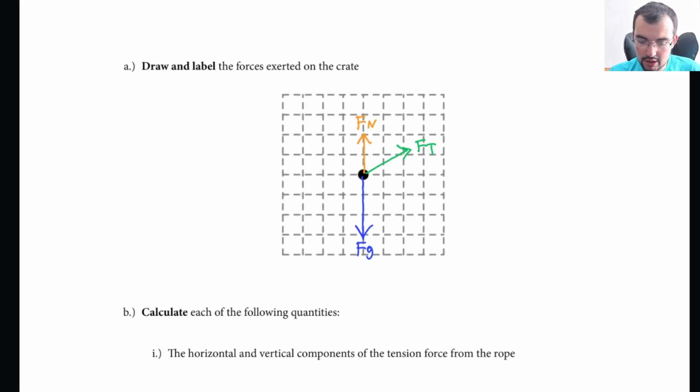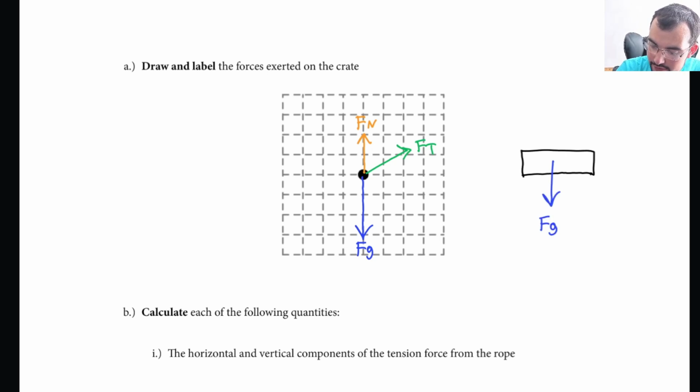But of course, we also like the component body for these types of problems. So our component picture looks like this, where we have a gravitational force down, we have a tension component, FTX, right?